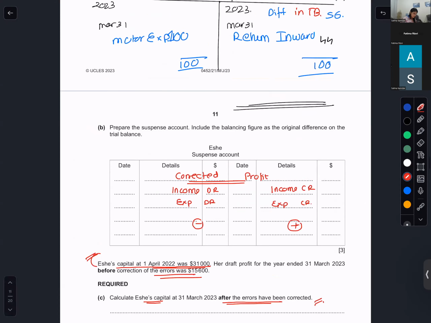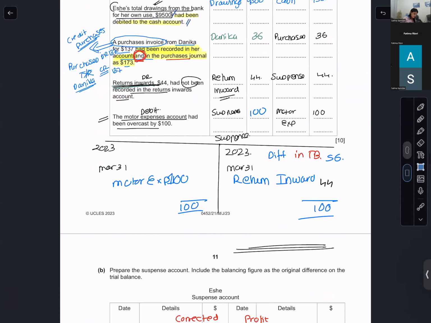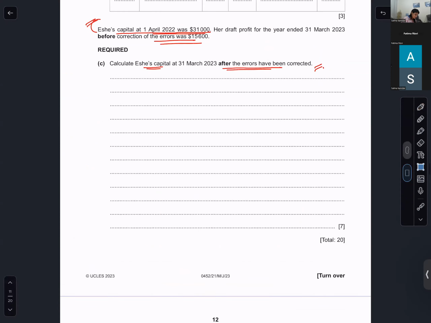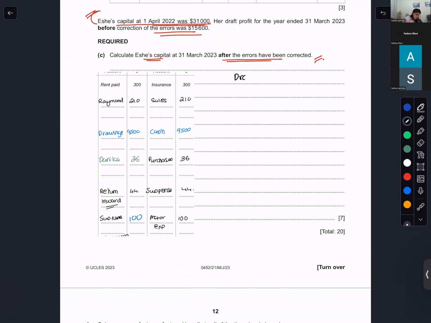So first thing that I have to do is find the corrected profit. This is my draft profit. How much is my draft profit? 15,600.